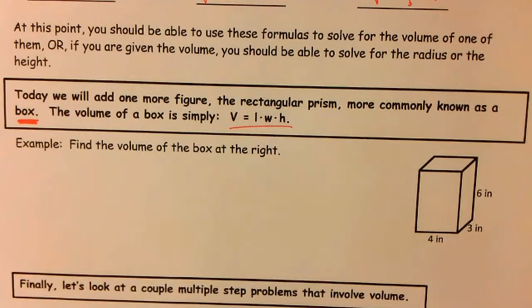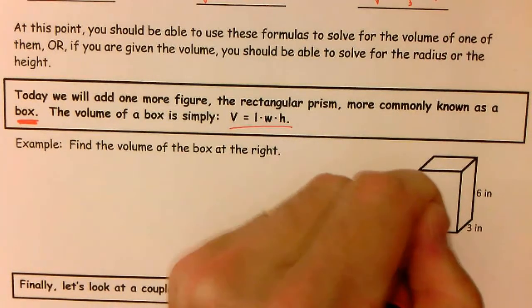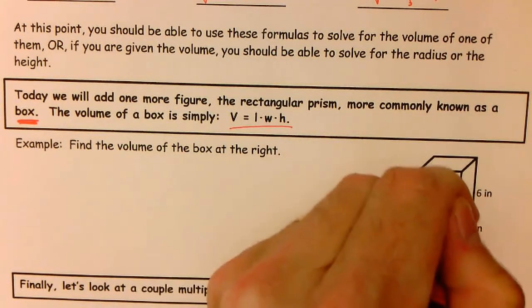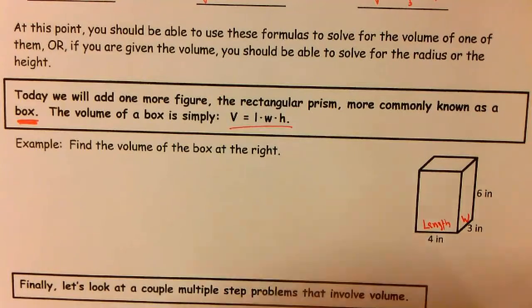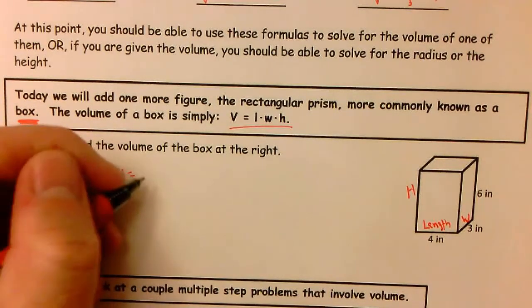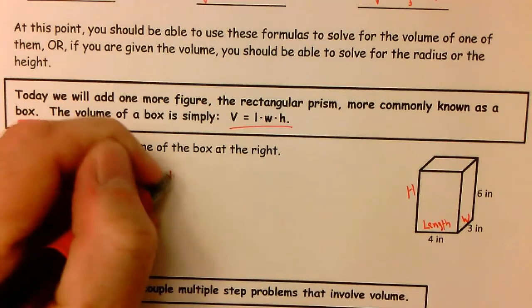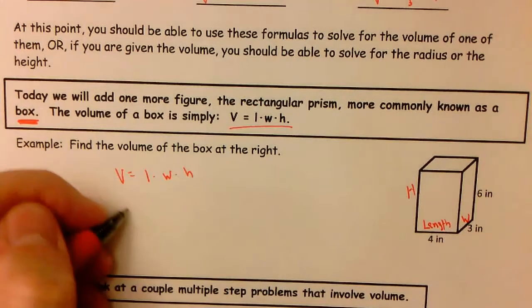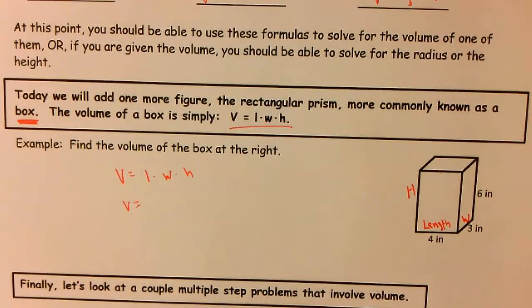The formula for the volume of a box is the length times the width times the height. Normally I consider this to be the length, this to be the width, and of course this to be the height. So if I wanted to find the volume of this box at the right, this one has a whopping 4 variables in it, but fortunately we know 3 of them.